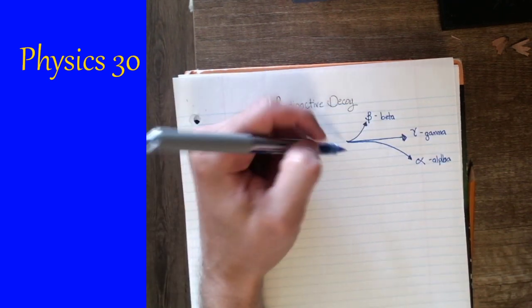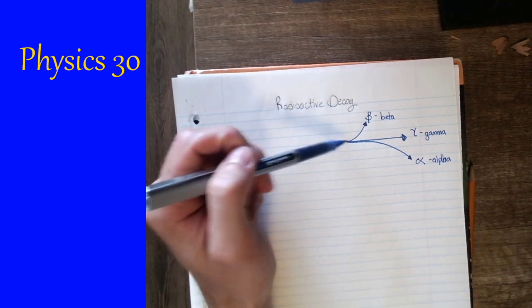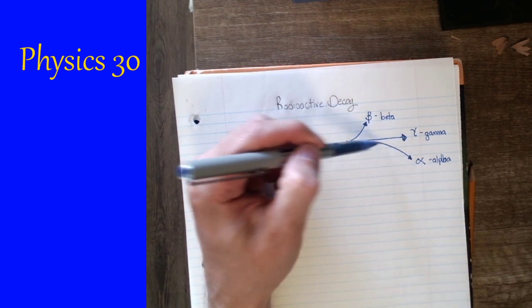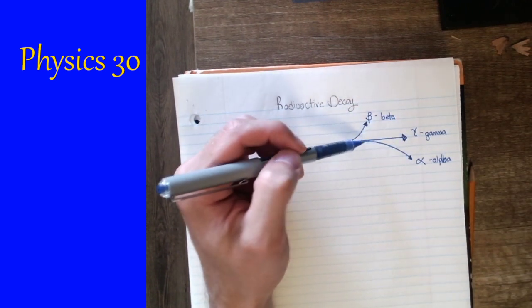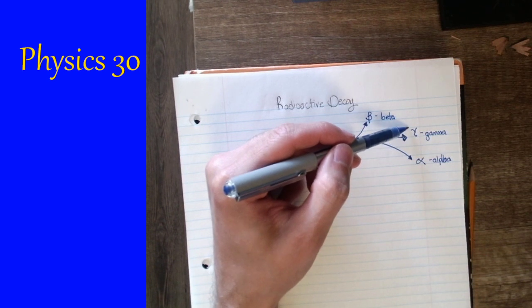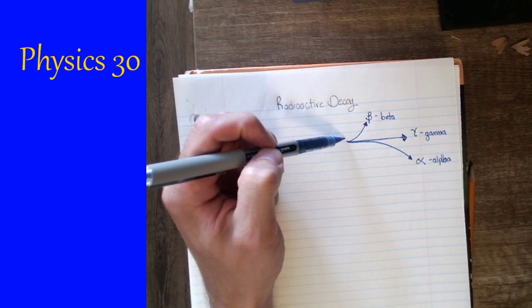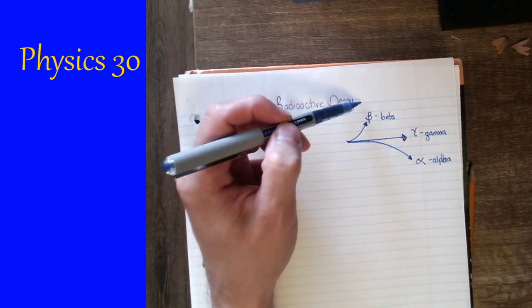And so the three types of radiation work a little bit like this. These are their trajectories if they were set within an electric field. So gamma radiation just goes straight through. It doesn't deflect one way or the other. From that, we can tell that gamma radiation is neutral. It has no charge. Alpha radiation gets deflected essentially opposite of beta radiation.